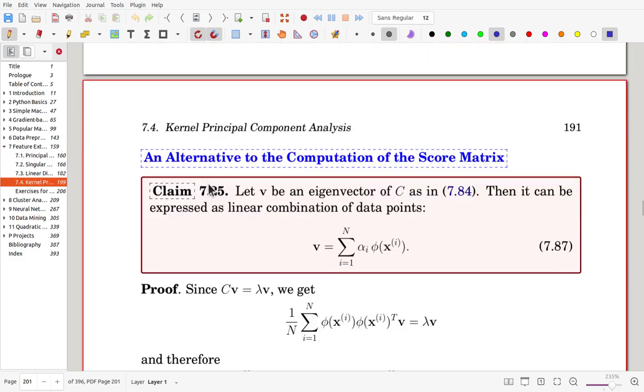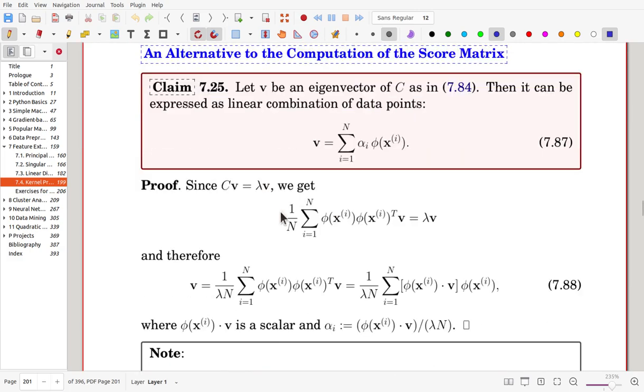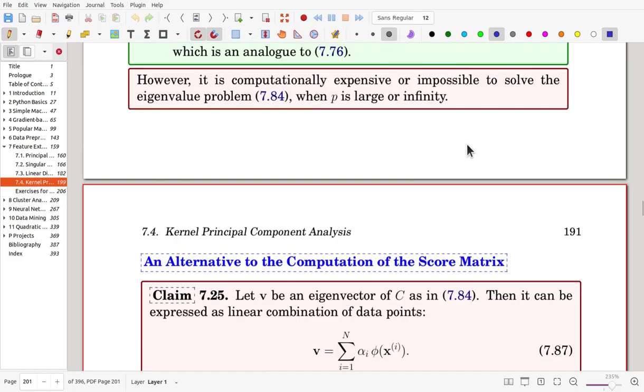Here we have an alternative for the computation of the score matrix. We'll begin with a claim. Assume v is an eigenvector of C as in equation 7.84.